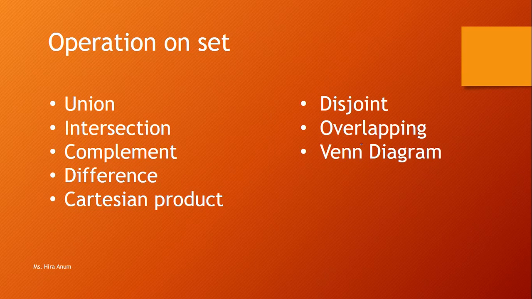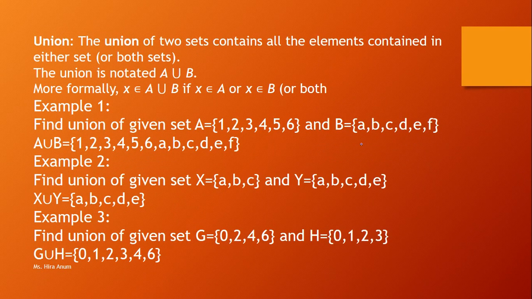Operations on sets: union, intersection, complement, difference, Cartesian product, disjoint, overlapping, Venn diagram. Union set: two sets contain all elements that belong to either set or to both sets.